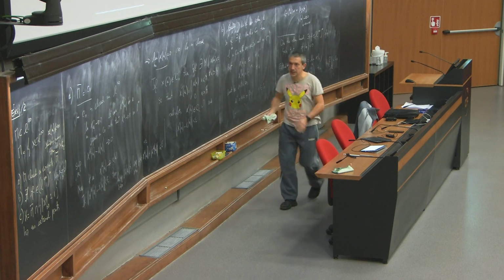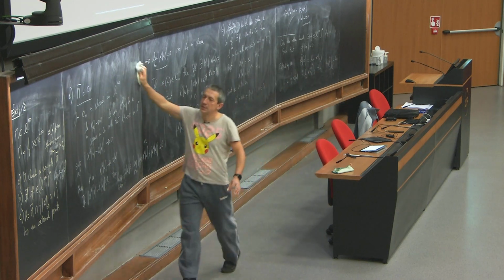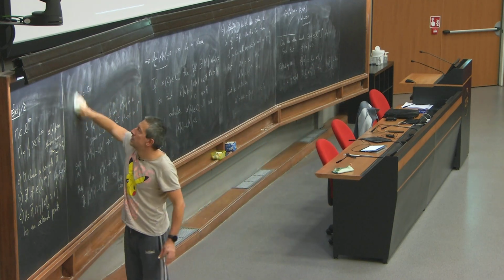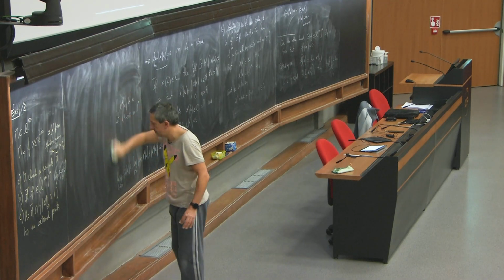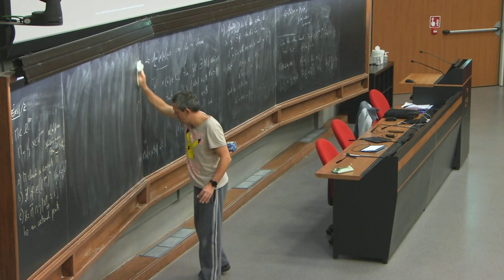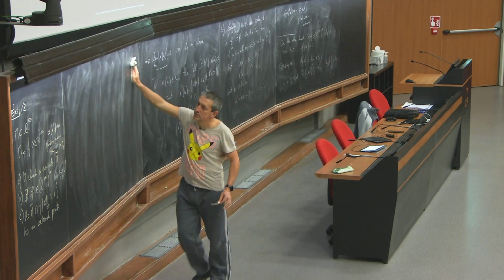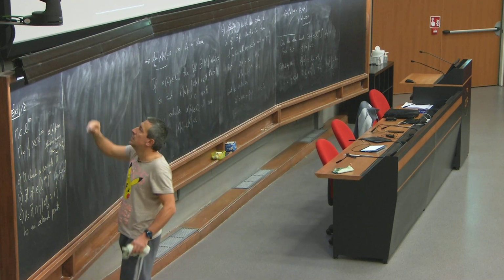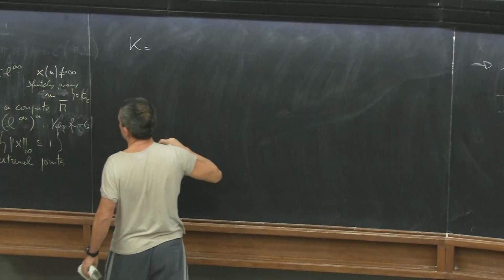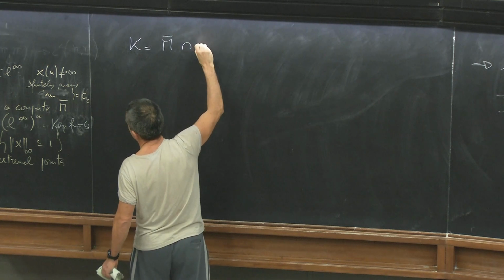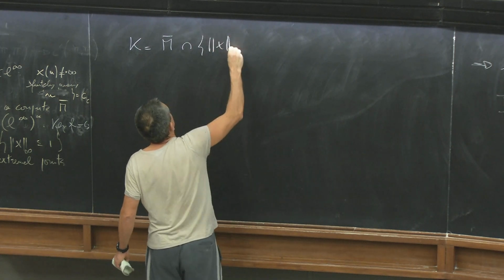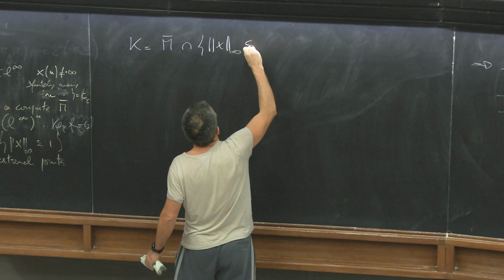I think I can cancel here. So it is K bar intersection, less than or equal to 1.